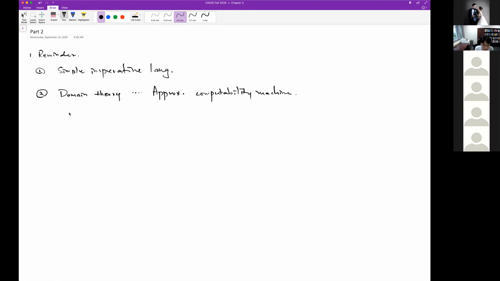More technically, in domain theory we learn about posets, which is a set together with a partial order.